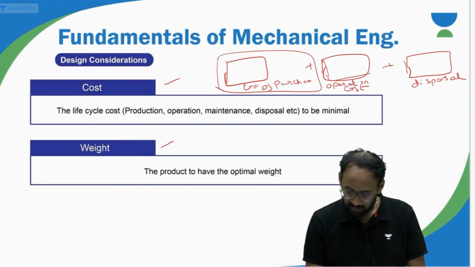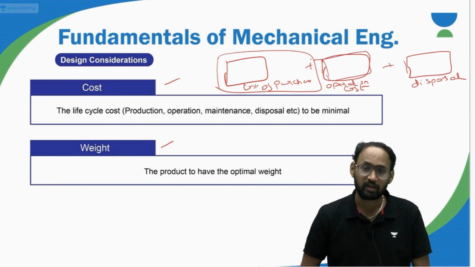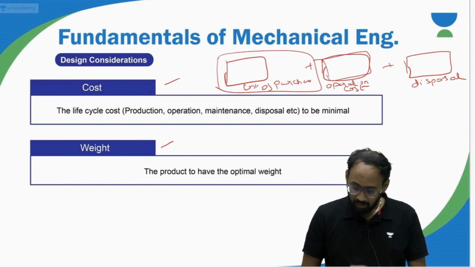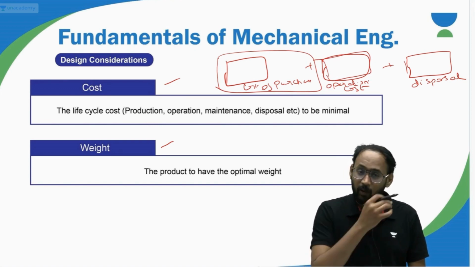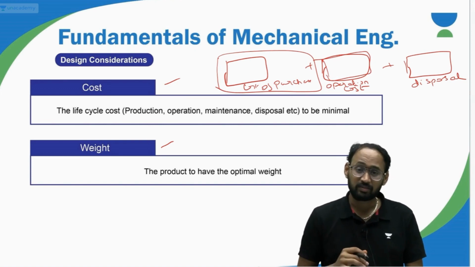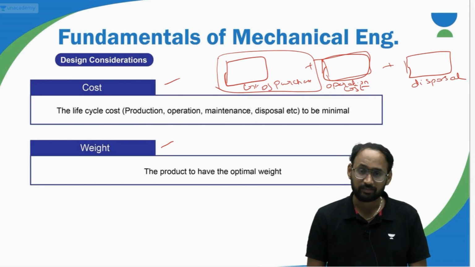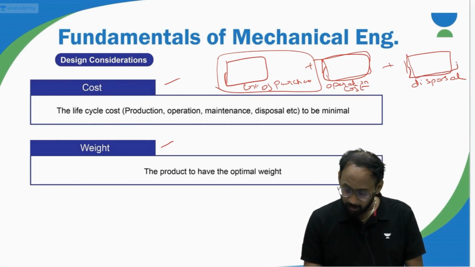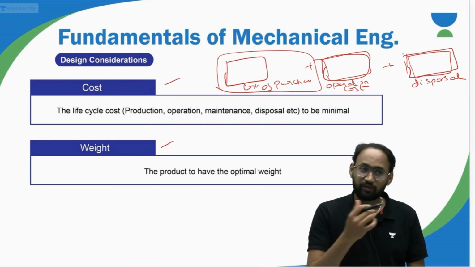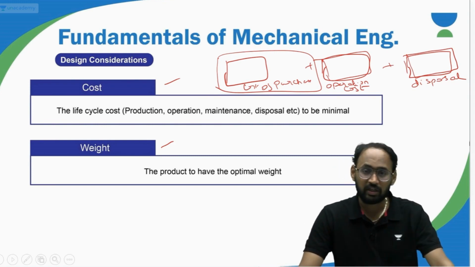Say for example, what is the fuel efficiency, and you should also think about what would be the cost of maintenance in case of a bus. And disposal, say for example this bus is used for maybe 20 years, 25 years.